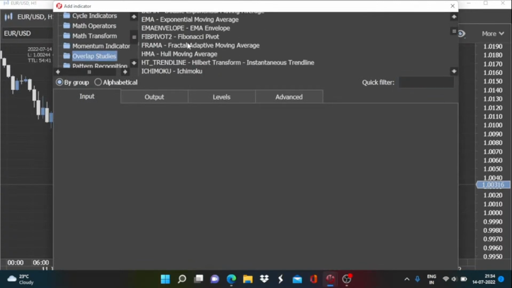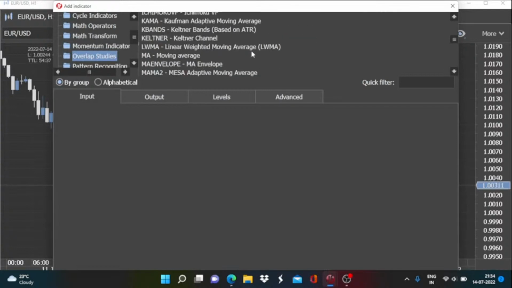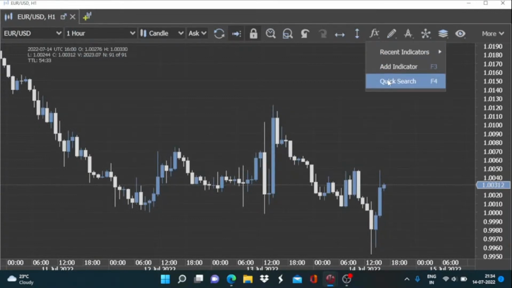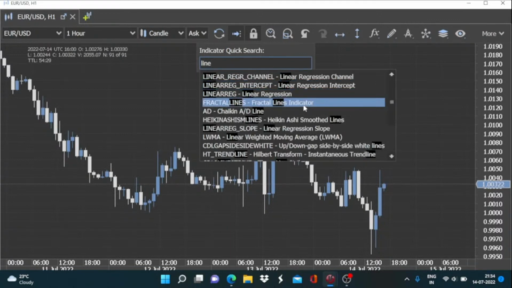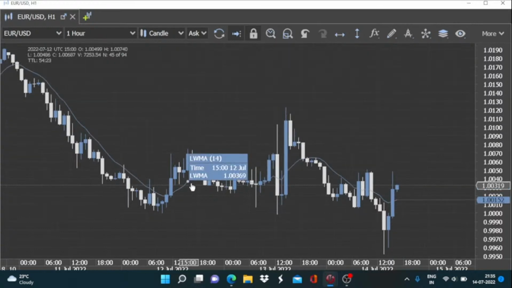Here it is, linear weighted moving average, or you can simply do a quick search. You can type it in and you will find it. Right, so this is the linear weighted moving average with the candle period of 14.